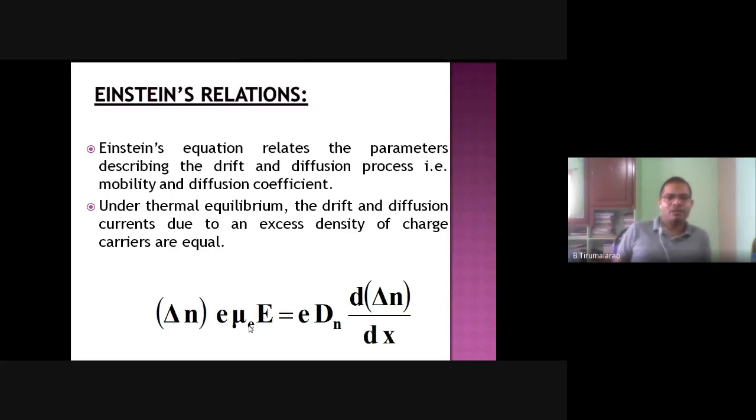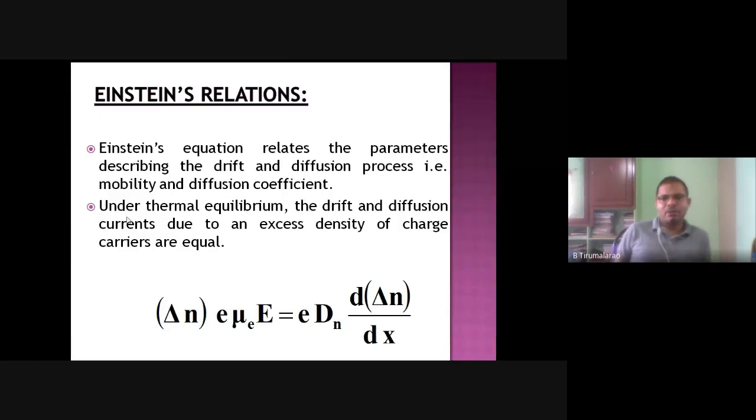So already we know how the Dn and mu e are related. The Einstein equation relates the parameters describing the drift and diffusion process, that is the mobility and diffusion coefficient.